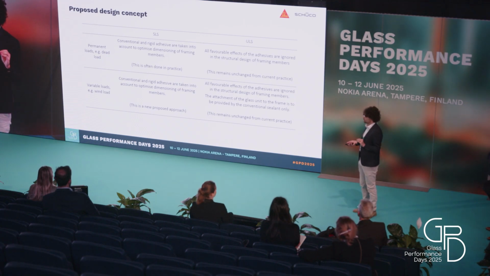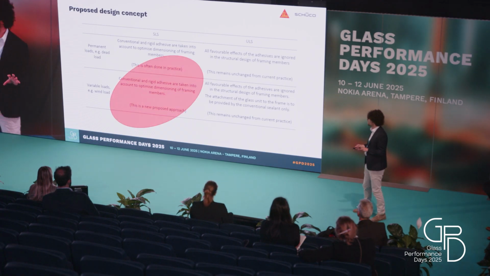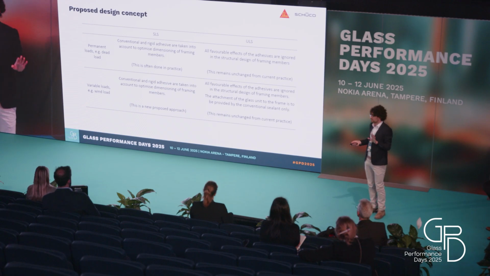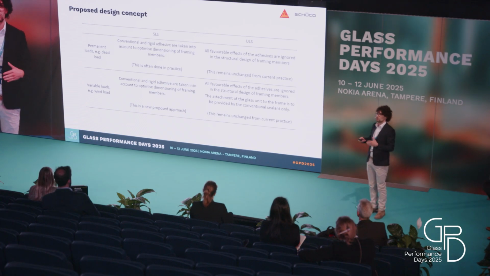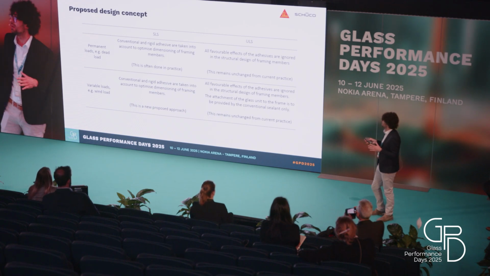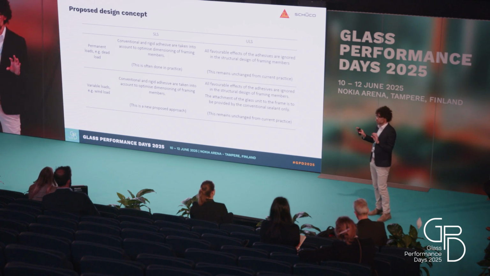So what we want to do is to propose a new design concept in which, for the ultimate limit state safety check of these units, we don't want to change anything from the way we currently check the structural silicone. We will use only the structural silicone in the rest of the panels to verify the safety of our units.